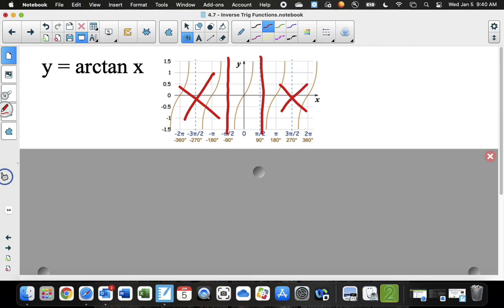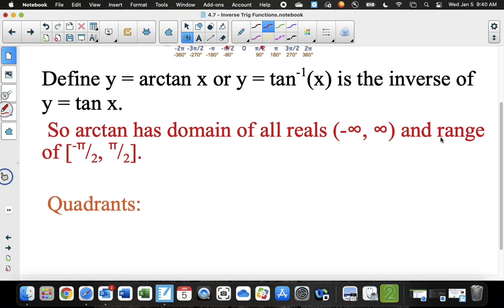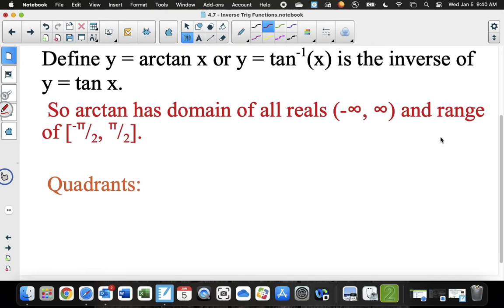Between -pi over 2 and positive pi over 2, which means arctangent or inverse tangent has the exact same restrictions as inverse sine. Okay? Arctangent and arcsine have the same exact restrictions. So when we talk about which quadrants, there it is again. We're back to quadrants 1 and 4.